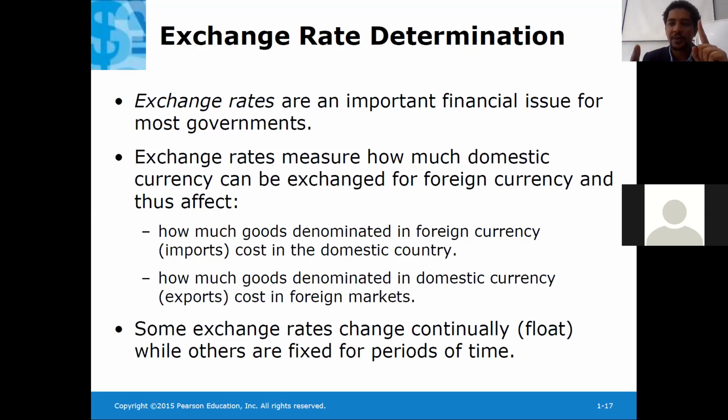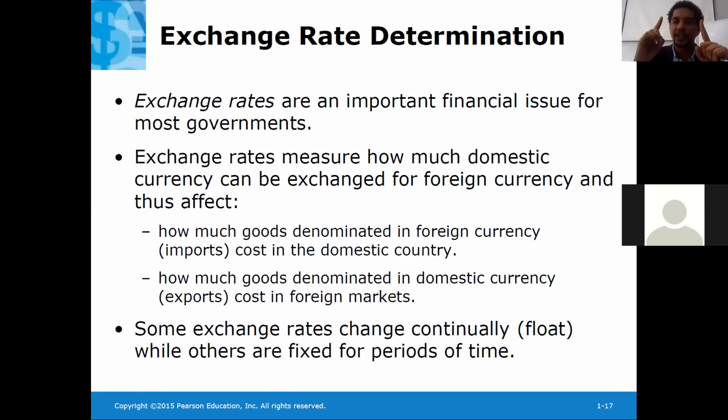So this means the dollar is strong and Korean won is weak. Okay, and if $1 is only 900 Korean won, then that means Korean won is getting stronger and the dollar is getting weaker. Okay, so let's come back.